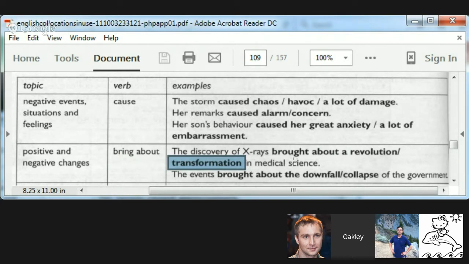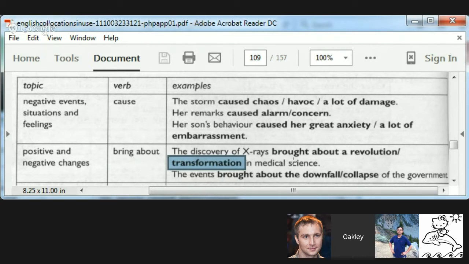I think it's okay, but here's the thing. When you're talking about collocations, some are very strong, like cause havoc. They're always said together. Some collocations are extremely strong. He's a heavy smoker. We just don't use any other adjective-noun combination to explain that specific thing.